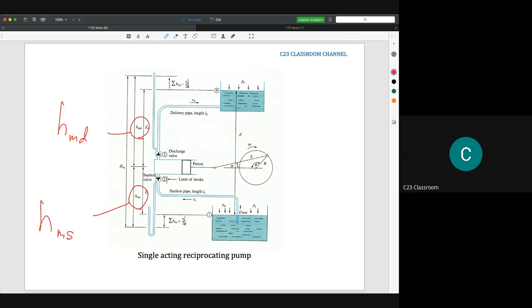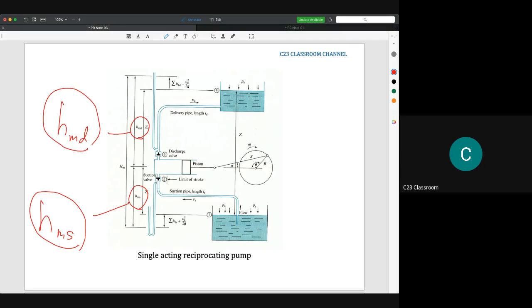In this diagram, this is the manometric head at the suction line, and this is the manometric head for the delivery or discharge pipe. Both actually reflect the same meaning.